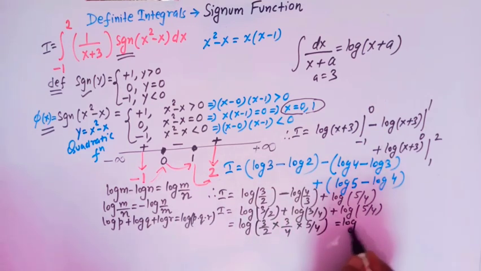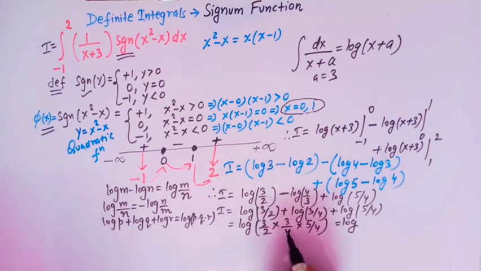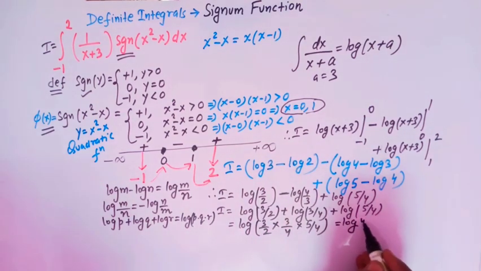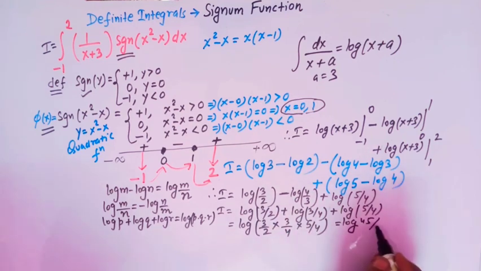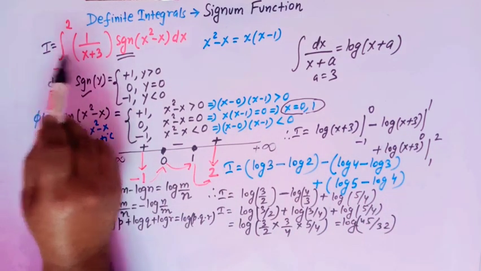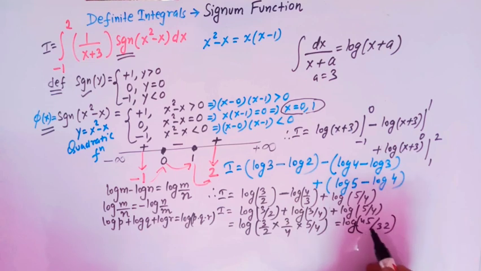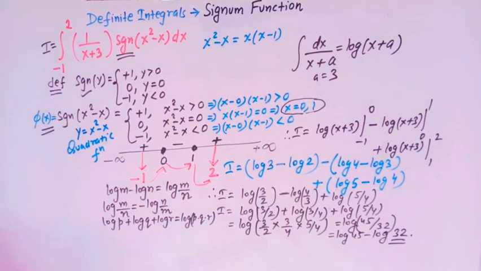So this is p, this is q, and this is r. So 3 3s are 9, 9 times 5 is 45, and 4 4s are 16, 16 2s are 32, right? So the value of this definite integral is log of 45 over 32, which can also be written as log 45 minus log 32, right? So viewers, this is how we solve this problem.